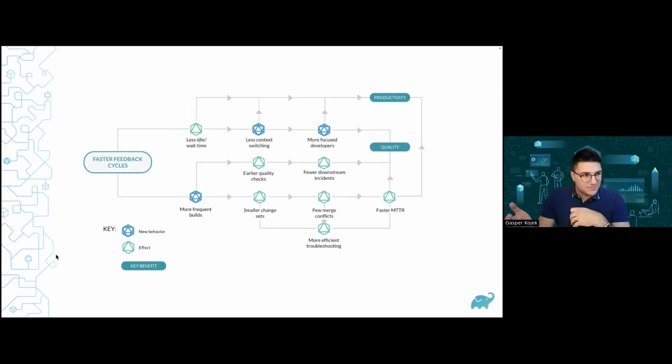If you can bring that build time and test time down to a couple of minutes, you're much more inclined to do the tests locally, which means you're going to fix it much faster. You're not going to use that many CI resources, and at the end, you're going to have a better developer experience as well as better productivity and usually a better quality of the product.